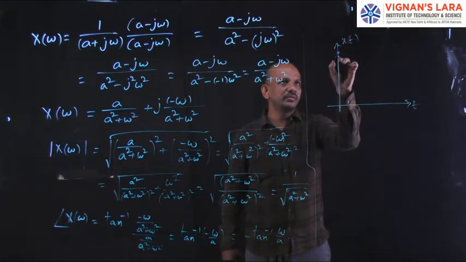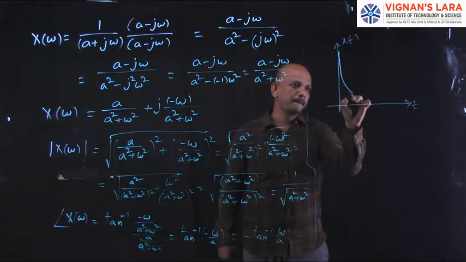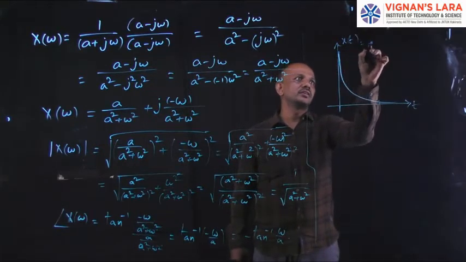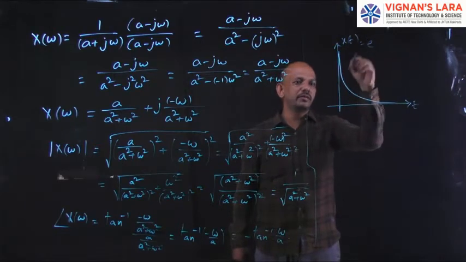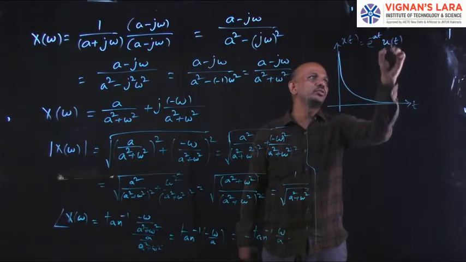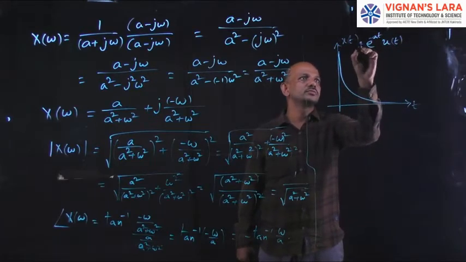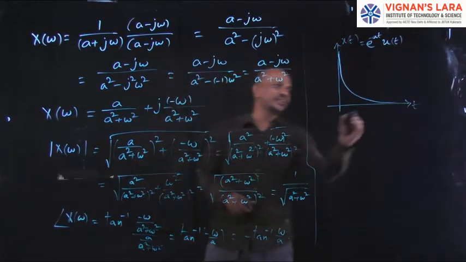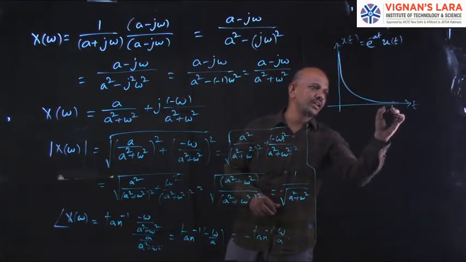So the signal will be like this. So this is nothing but e power minus at into u of t. So this is the representation of the single sided real exponential. So the single sided real exponential signal will be like this.